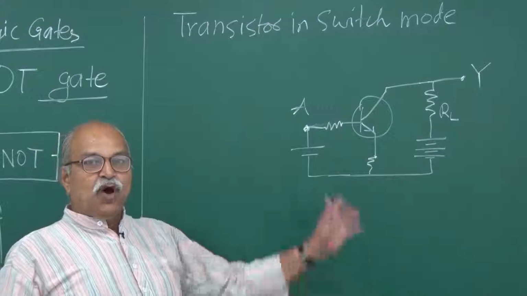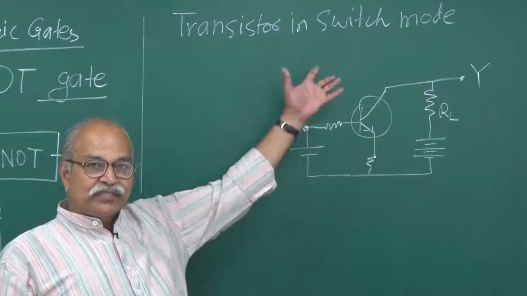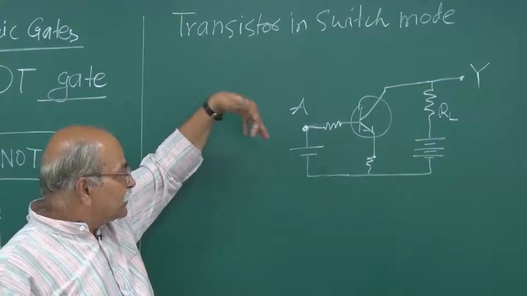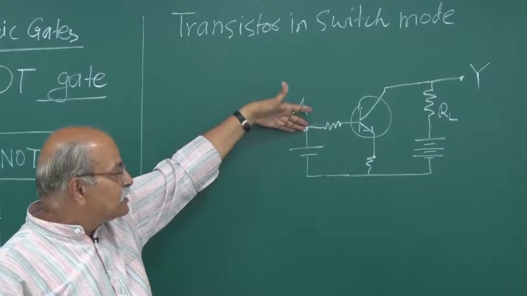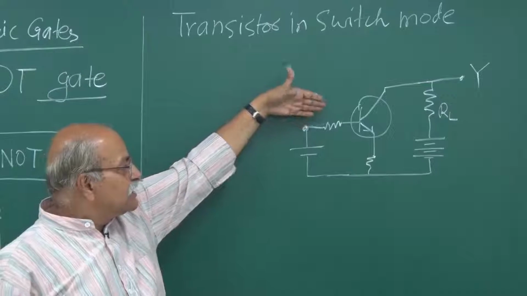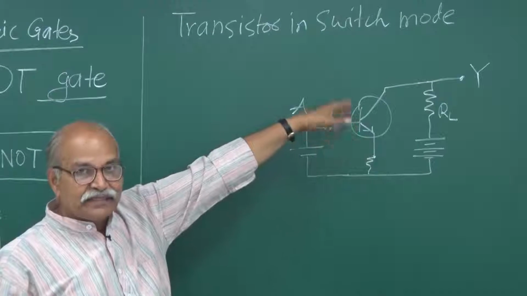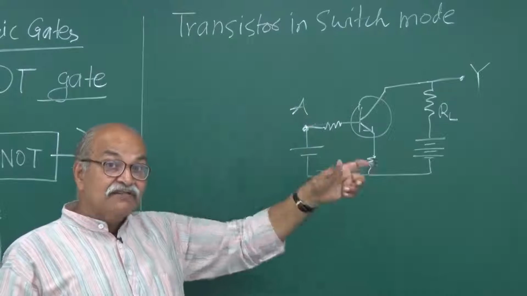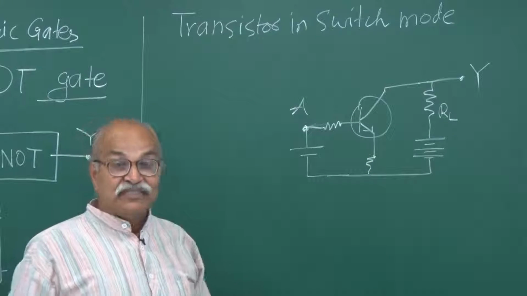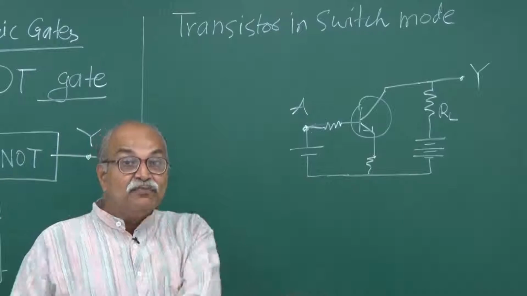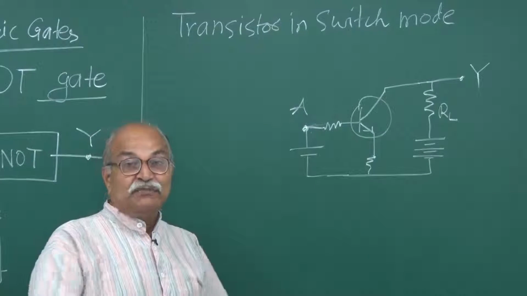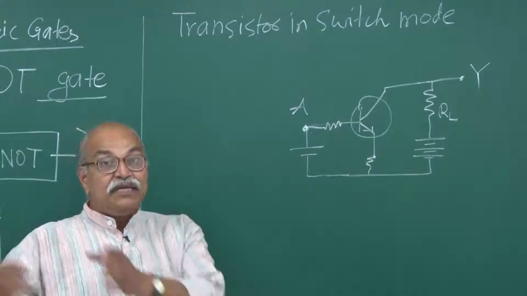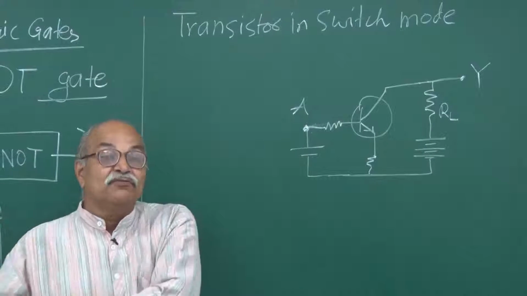Okay, so if you operate it as a switch, that means this voltage is given high. Suppose you give 5 volts here, then this base-emitter junction is forward biased, and this is sufficient to drive the transistor into saturation mode. Okay, you have cutoff mode, you have saturation mode, and in between you have that active mode, the linear region, right? So be in saturation mode or in cutoff mode.